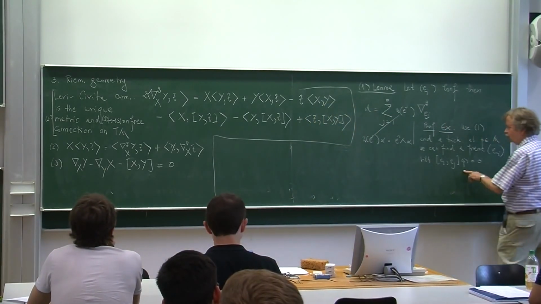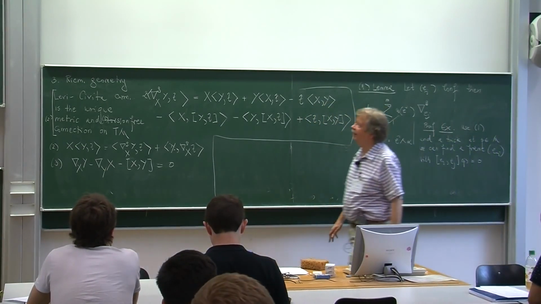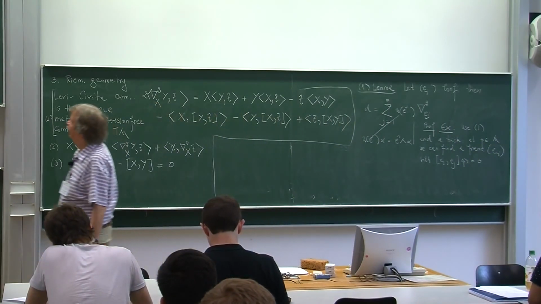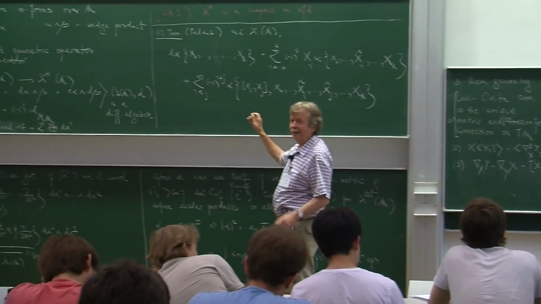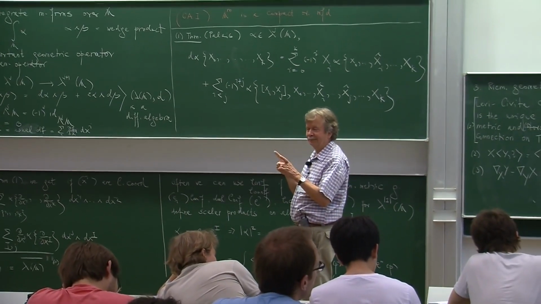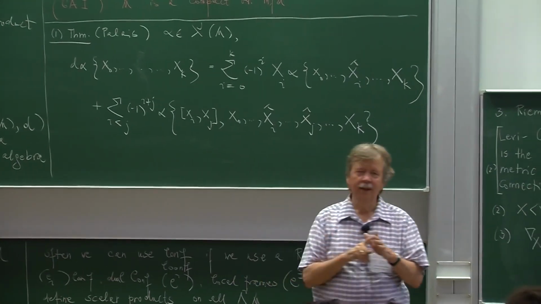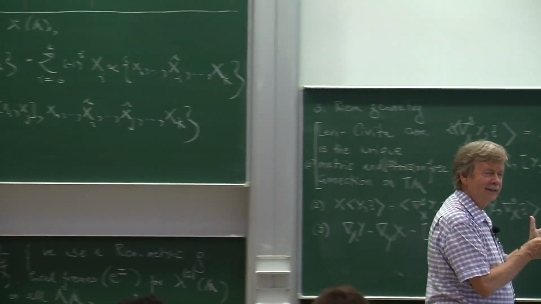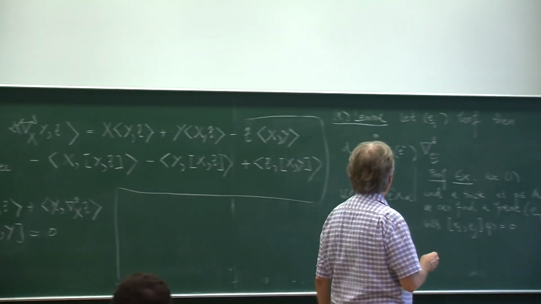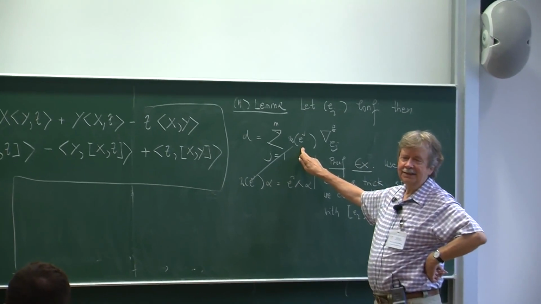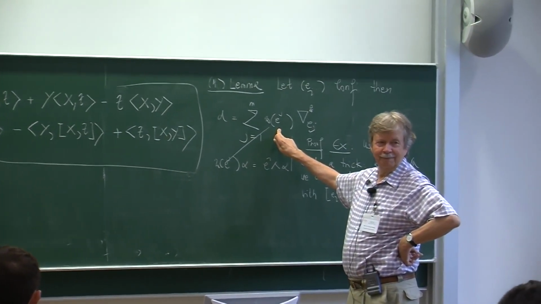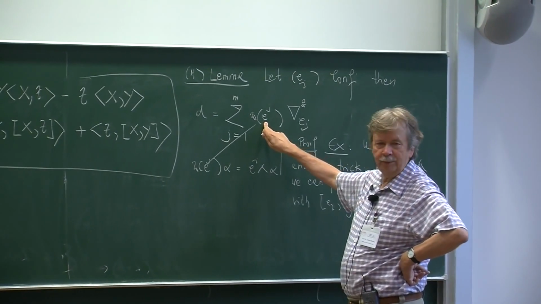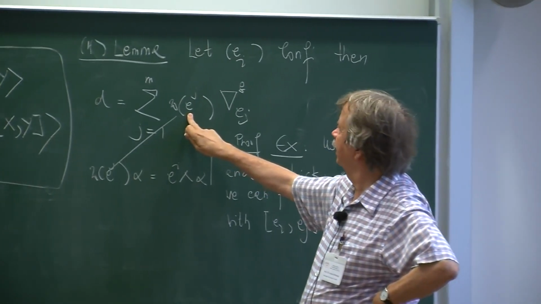So this you have to use. That means that in the Koszul formula, all these terms disappear if you put in the frame, but only at a point. So you have to be careful that on the left-hand side you write something which does not depend on the frame. And this here does not depend on the frame. Can you see this? You have to replace this frame by another one.